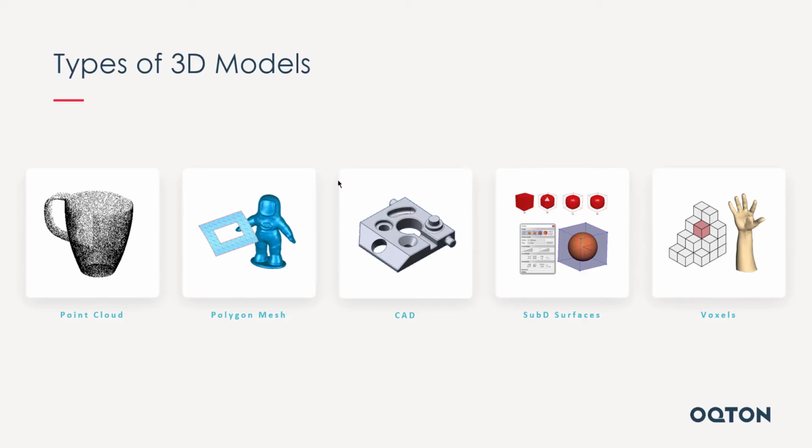Now, a very, very distant 3D model type that has very little to do with the polygon mesh and point cloud is the CAD model. CAD models are made of NURBS surfaces, non-uniform rational basis spline. That is a type of math that is used to represent 3D shapes inside of software.